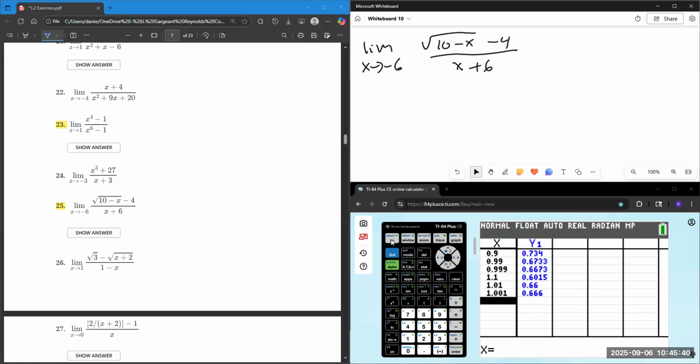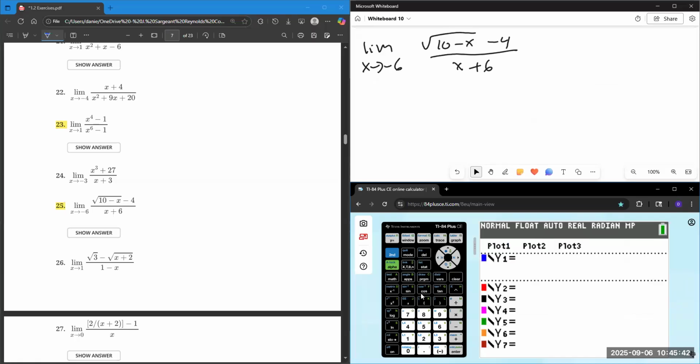So I'm going to have y equals, and then the numerator is going to be the square root of 10 minus x, and that is minus 4, and then the denominator is x plus 6.